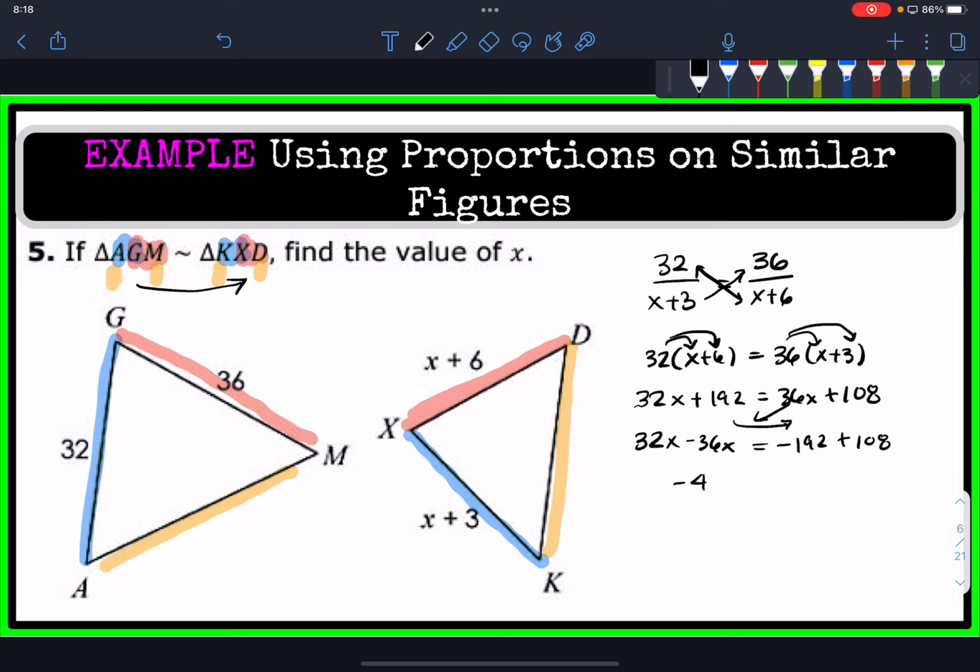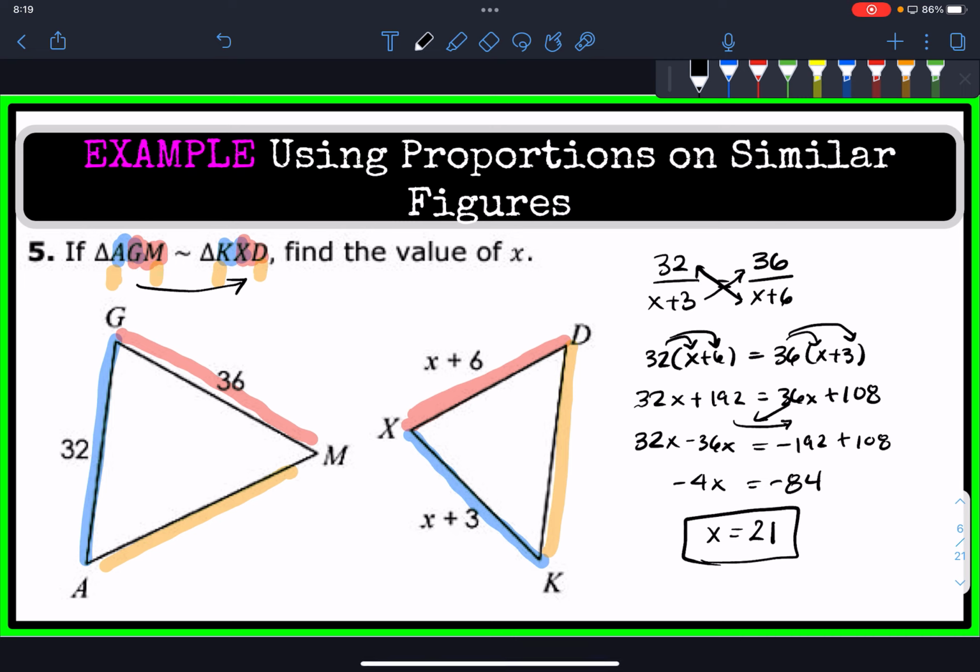So this is negative 4x, and negative 192 minus 108 is equal to negative 84. Dividing by negative 4, that's going to give us a total of 21. So the value of x is equal to 21.